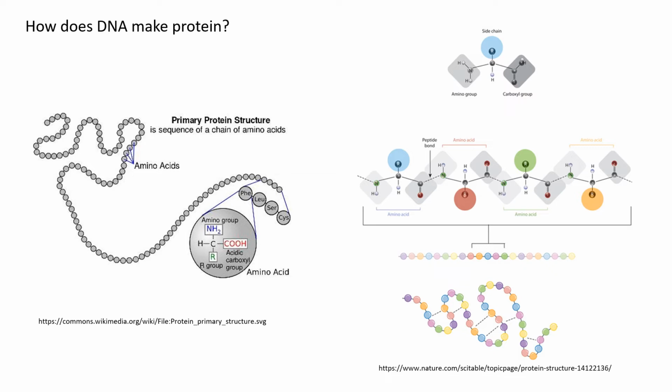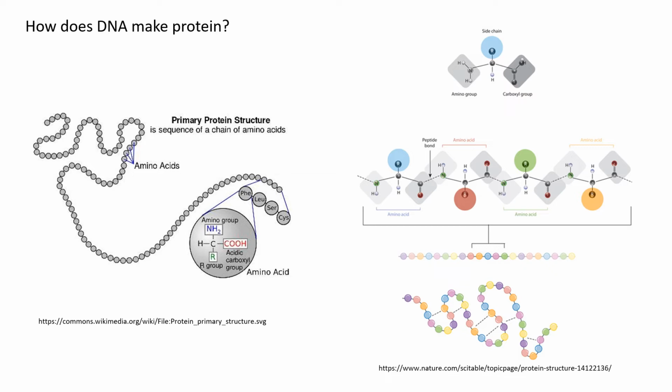You can think of the main function of DNA as making protein, or specifying the information to allow the cells to make the proper proteins that it needs to sustain life. So how does DNA do that?